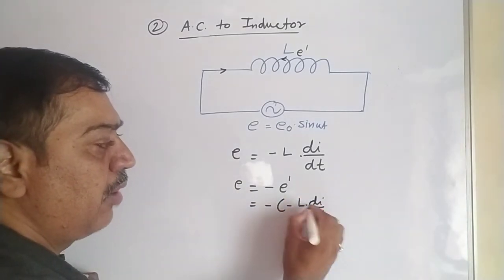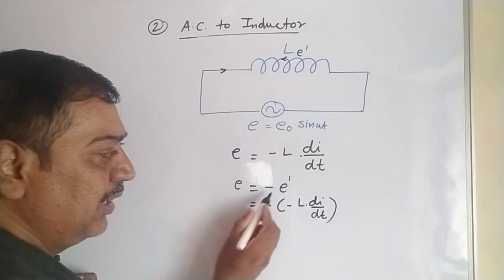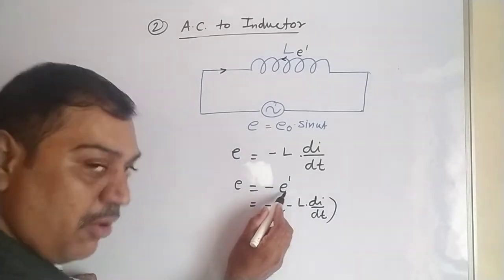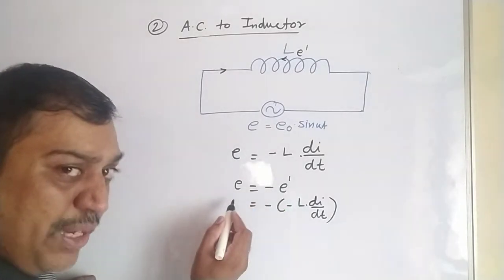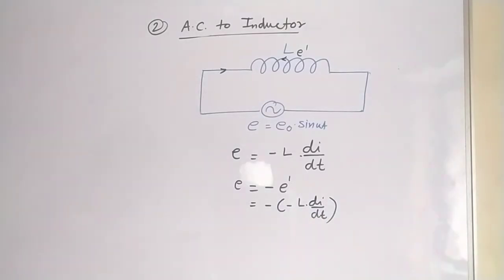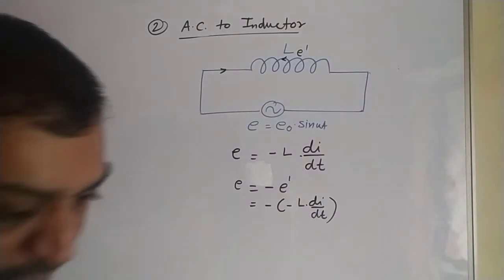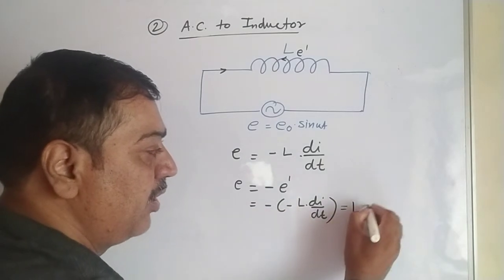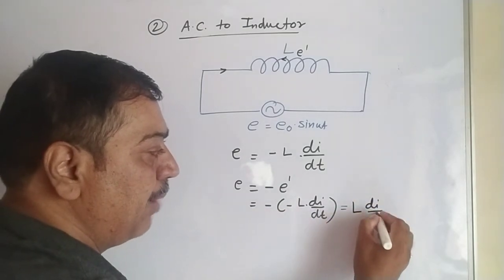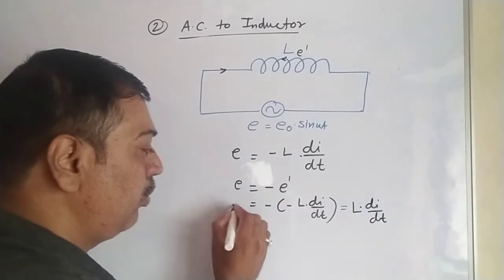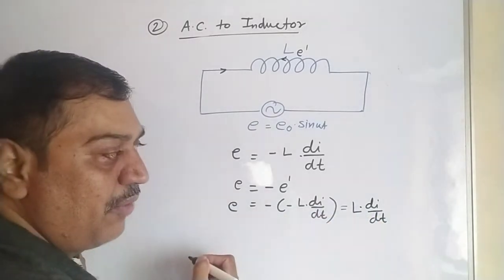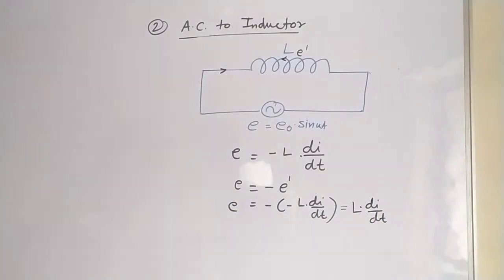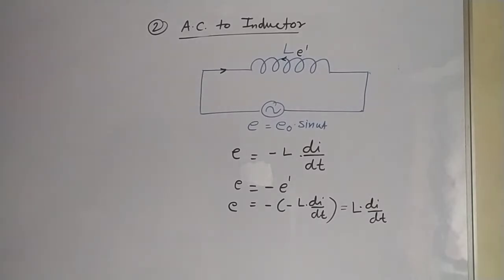Remember, we have not kept the value of E dash; E is minus of E dash, so we have made it minus. Minus minus becomes plus. This minus cancels with this, and we get L into di by dt equal to E. From this equation, find the value of di.